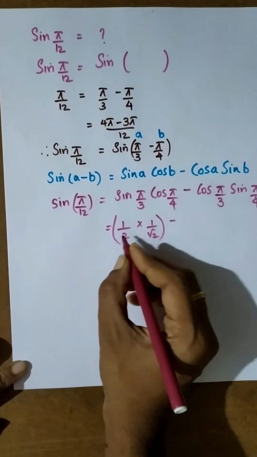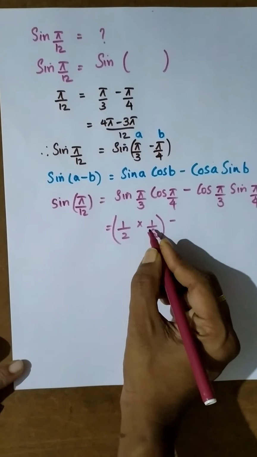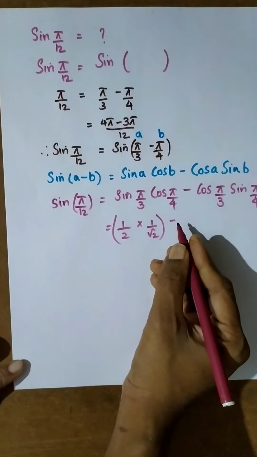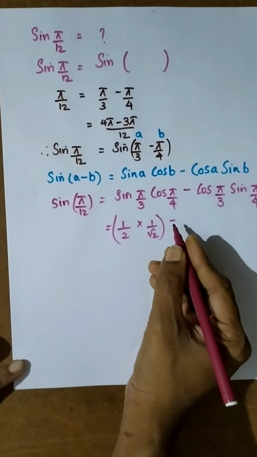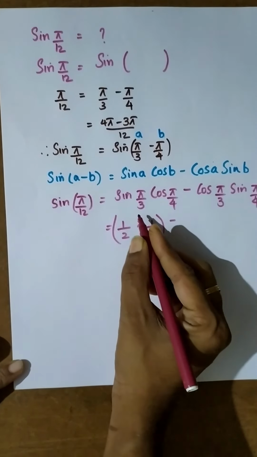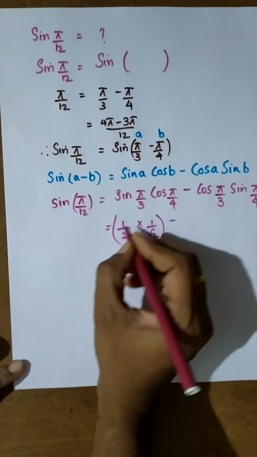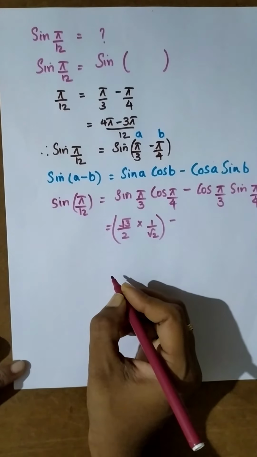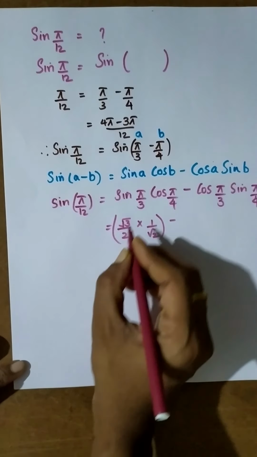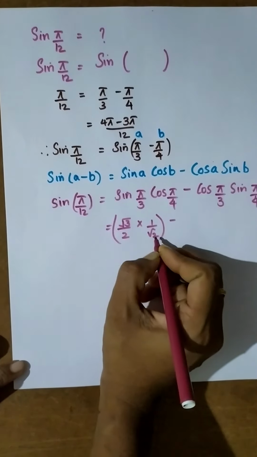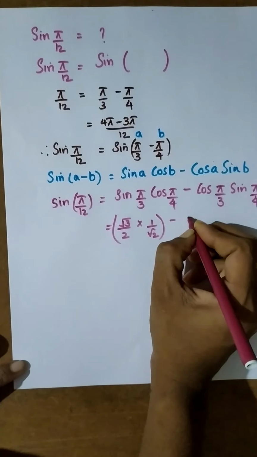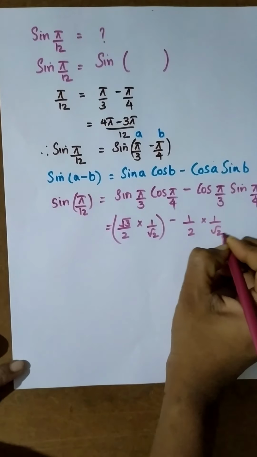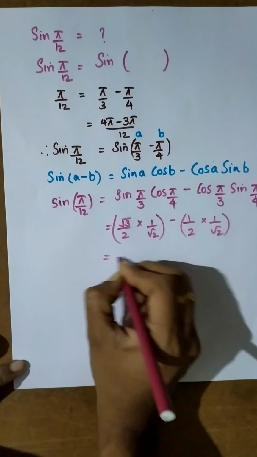Similarly, you can use the formula of sine A minus B and find out sine pi over 12. So sine pi over 12, in that pi over 12 can be written as pi over 3 minus pi over 4. And you can use the formula sine A minus B, and in place of A you will have pi over 3 and in place of B you will have pi over 4.